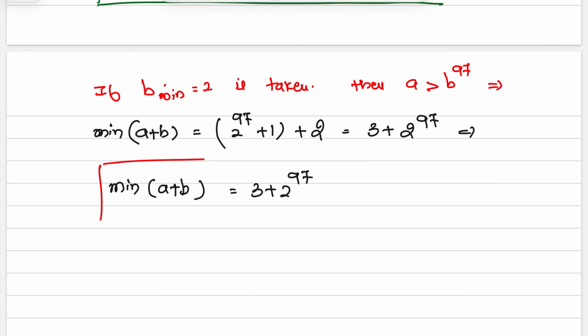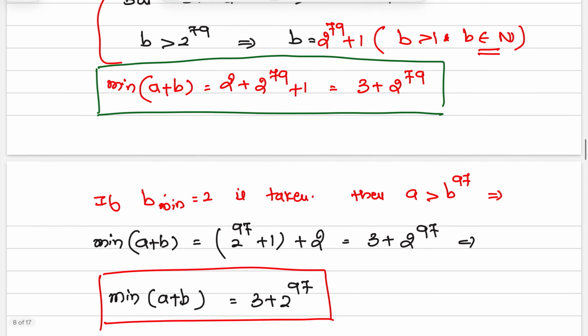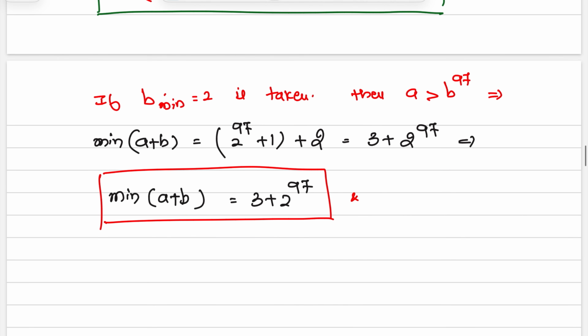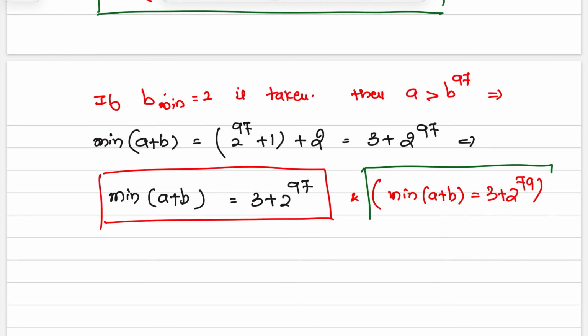This is one minimum we have got when b minimum is equal to 2 is taken, and another is minimum a plus b is equal to 3 plus 2 to the power of 79. We have to choose between these two.